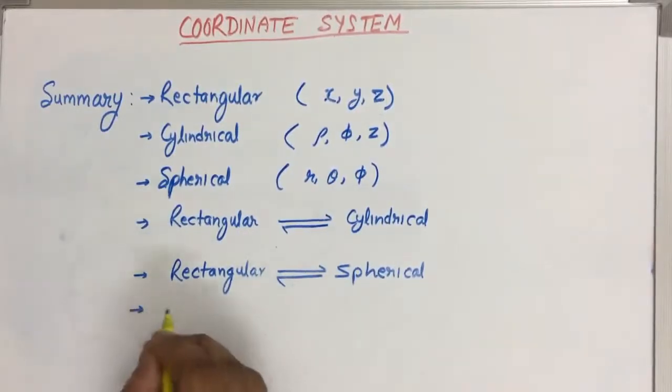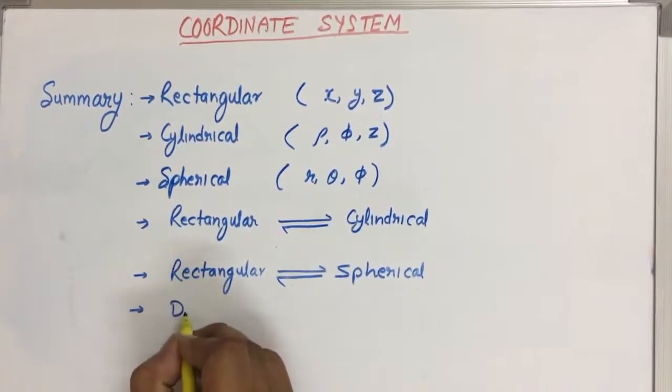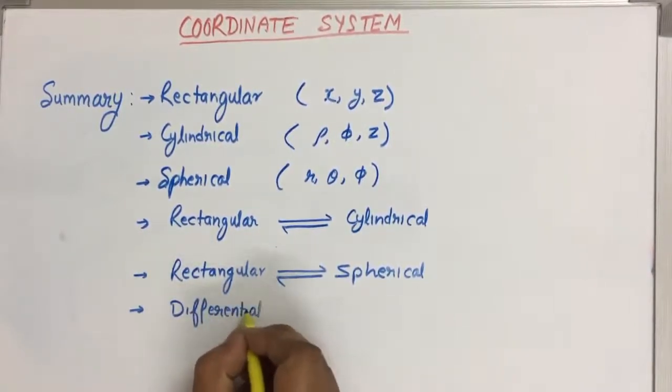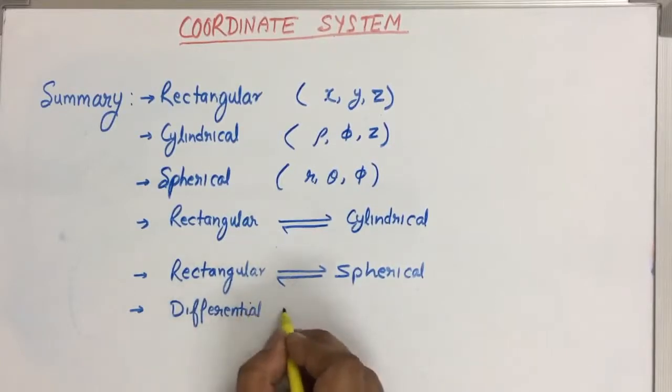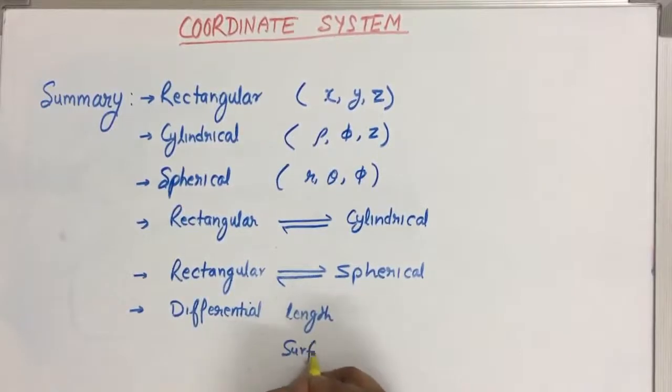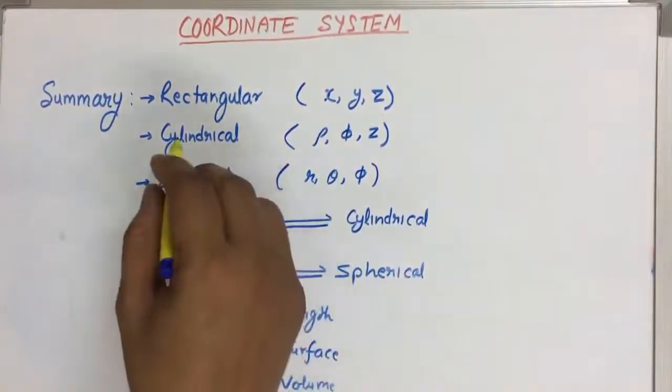Additionally, we discussed the three important parameters, that is differential object analysis: differential length, surface and volume in the case of all three coordinate systems.